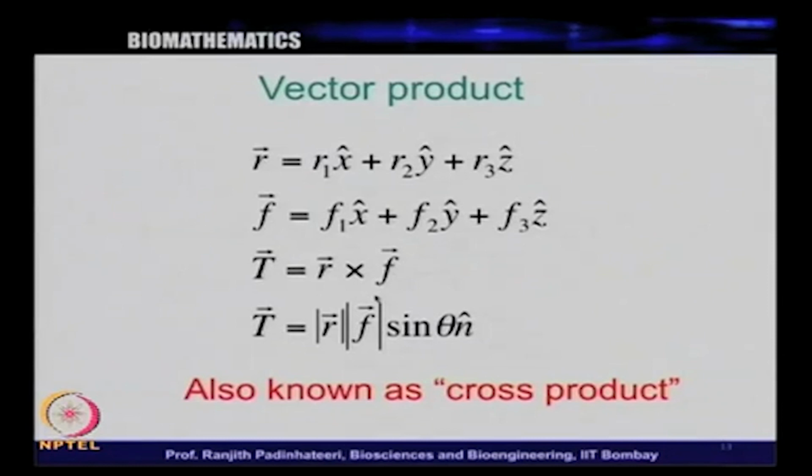So, essentially the answer r cross F is a vector, and this kind of product is known as a vector product, where the result is essentially a vector. r cross F is a vector.